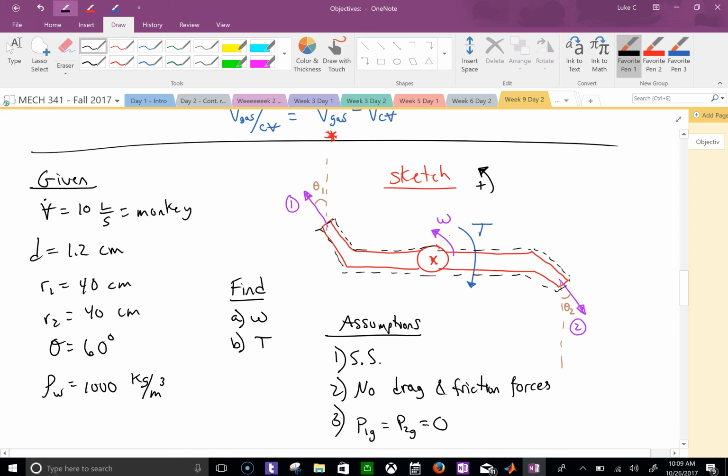It's going counterclockwise. Oh, okay, so our velocity is this way, up, right? So this goes this way, and then down here it goes that way. So they're all negative.